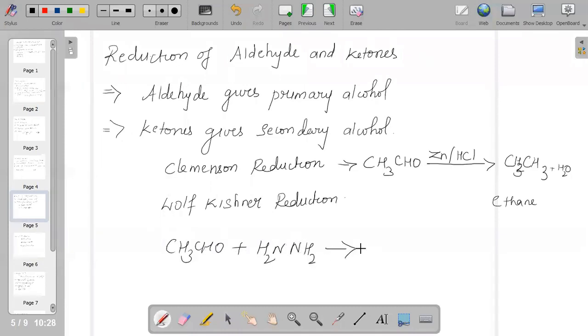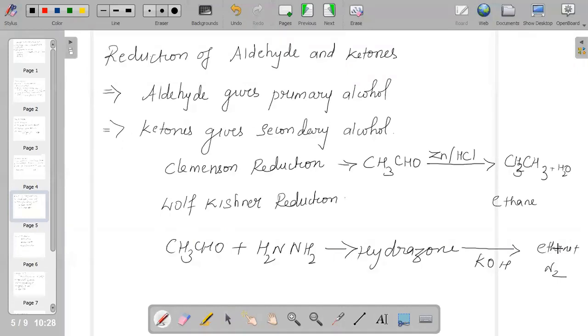This will give us hydrazone, and when this hydrazone reacts with glycol in presence of KOH, it will give us ethane plus nitrogen. So this is very important.